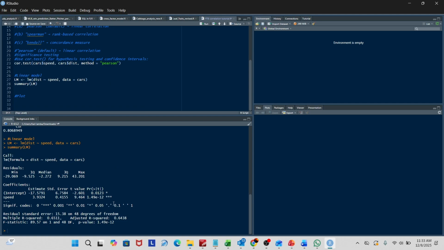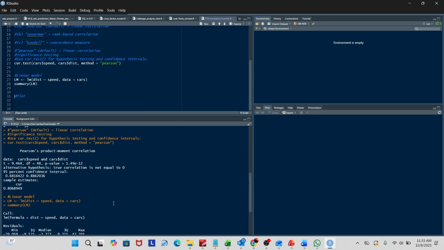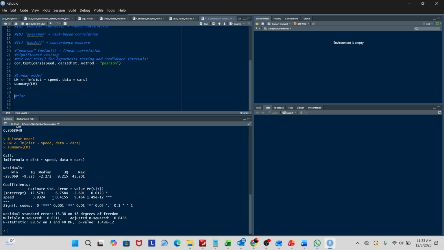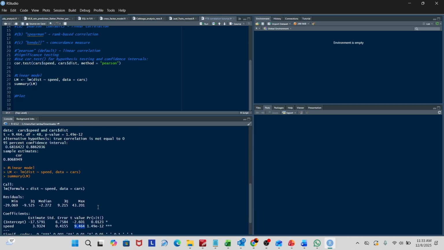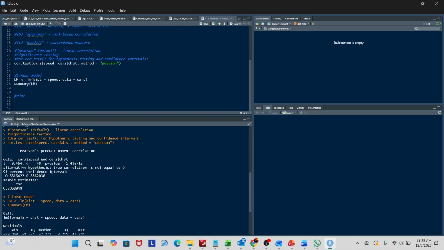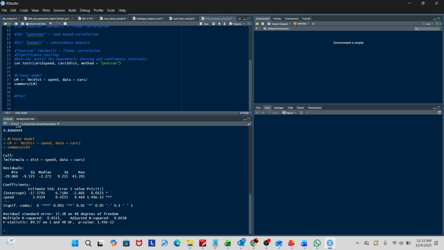The results are the same. The p-value is exactly the same as our correlation test result. The t-value is just the same because they are both using the linear correlation, 9.464 and 9.464. The extra information that summary gives based on the linear model is the estimate or the slope, 3.9324.